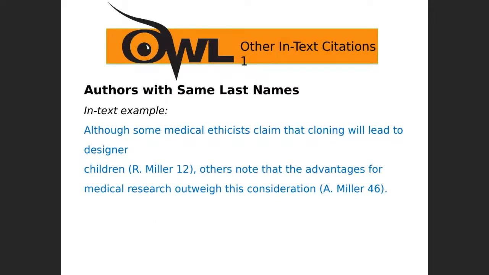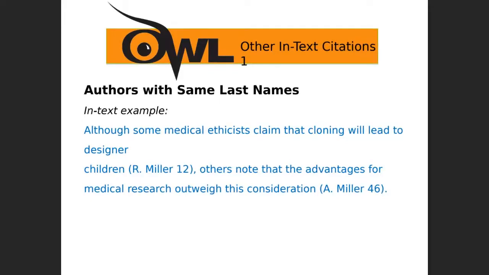So authors with the same last name. This is for in-text citations. Although some medical ethicists claim that cloning will lead to designer children. And then we have the author and the page number. Now, we clearly have two authors on our works cited page, because they're two independent entities, and so we want to specify which one it is.